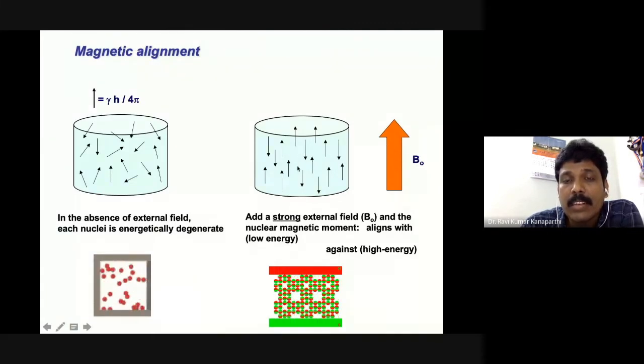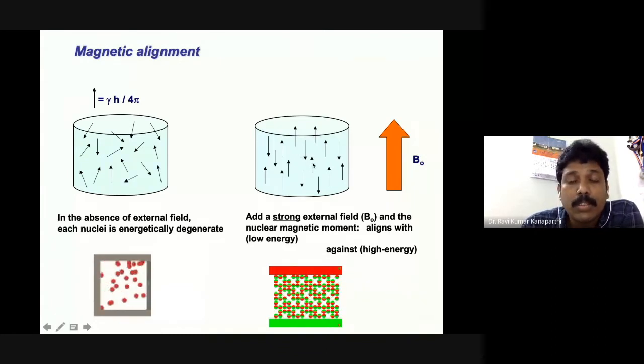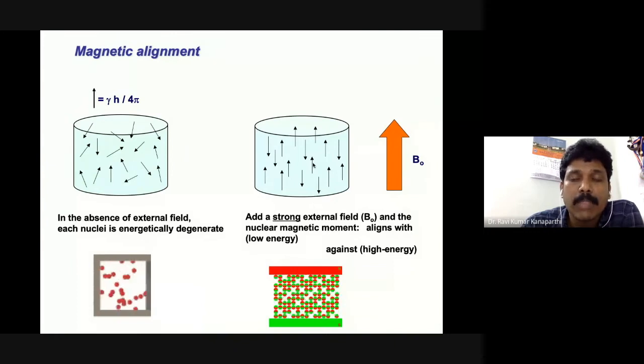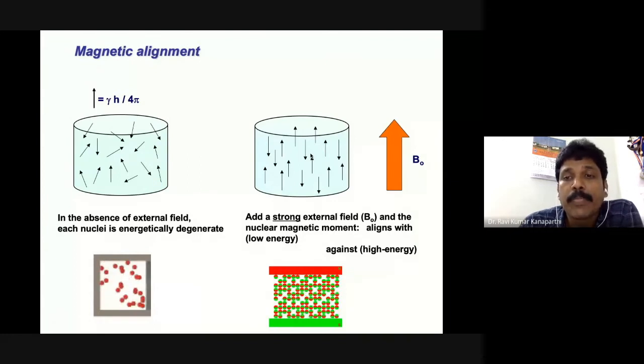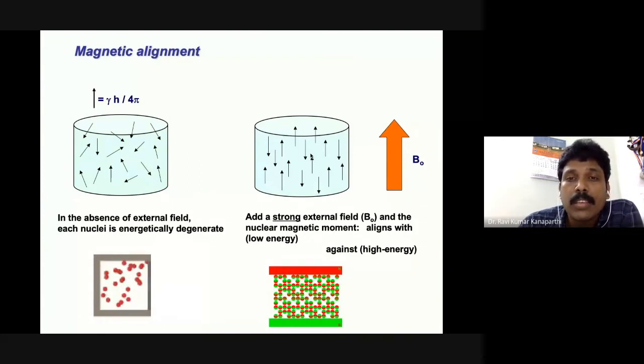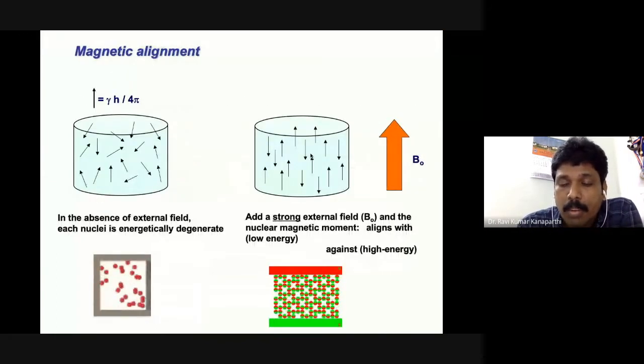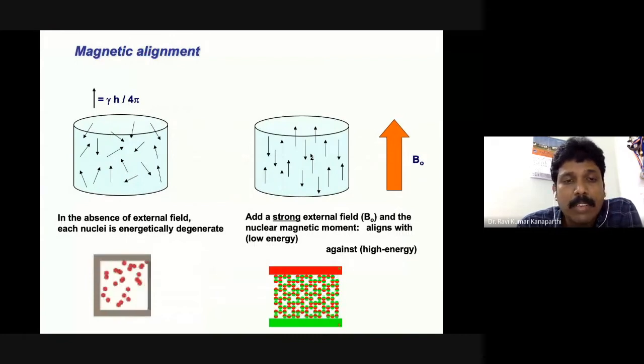On the other hand, some of the nuclei orient opposite, opposing the external magnetic field, and we can see two different orientations. Of course, the majority of the nuclei are parallel to the applied magnetic field, and some of them are opposing the external magnetic field.